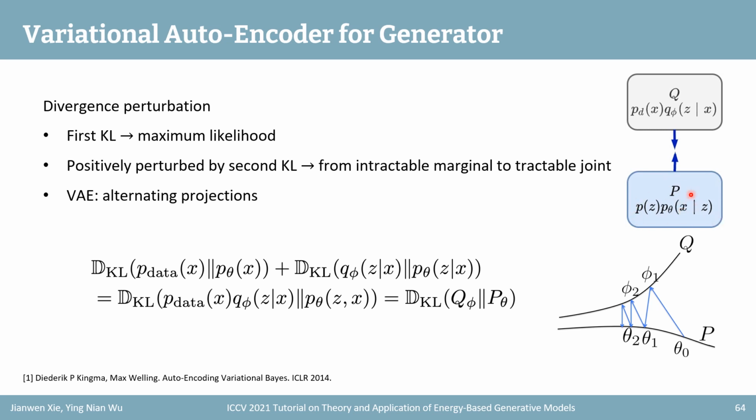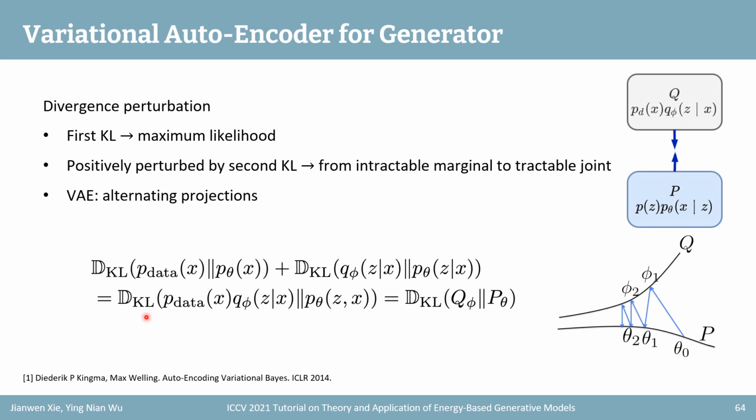In the variational autoencoder, we also learn an inference model, often written as Q phi of z given x. This is in an explicit form, often assumed to be a Gaussian distribution, and it is an approximation to the true posterior distribution P theta of z given x.